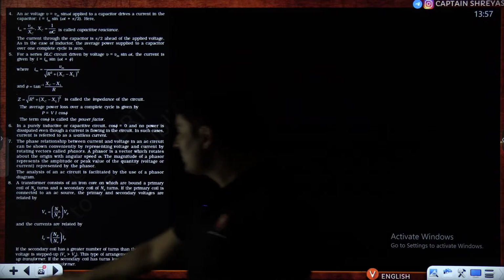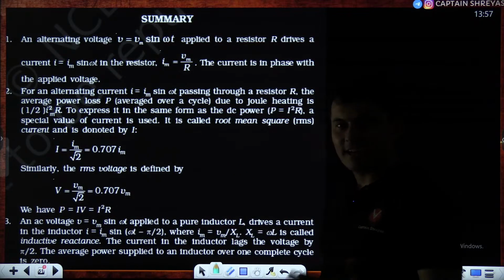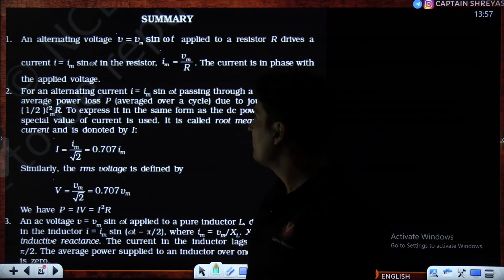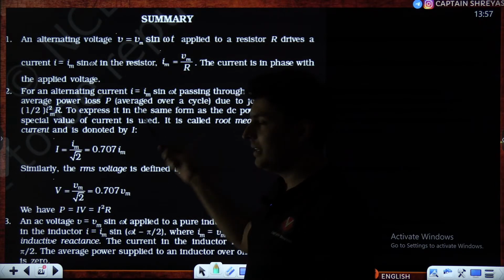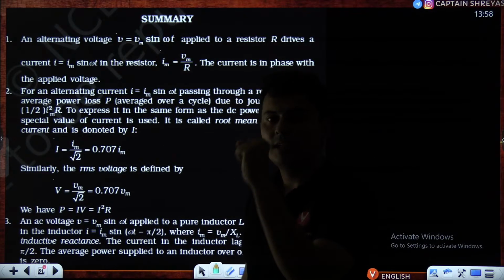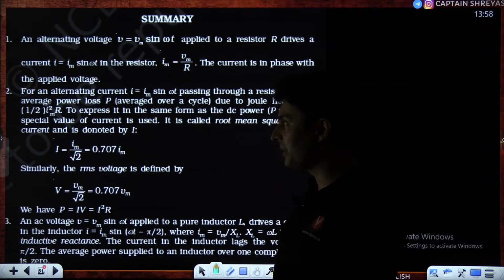Okay, so that comes down to the summary part. Voltage and currents in AC generally may not be in the same phase. There might be some phase difference. And current in general is voltage by the resistance, but the resistance will change depending on whether there is an inductor, capacitor, or a combination of these three.